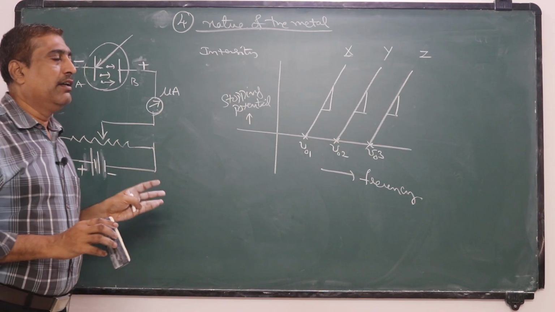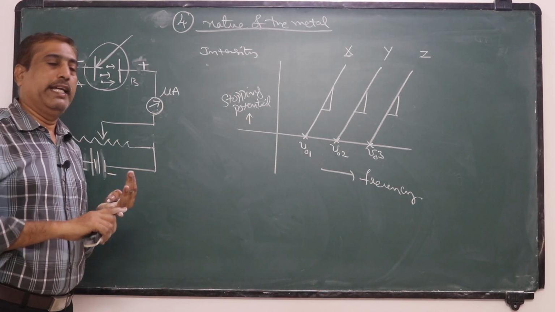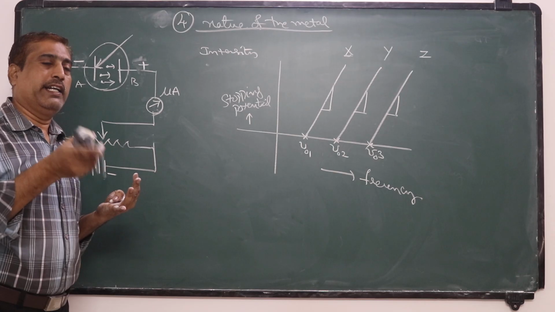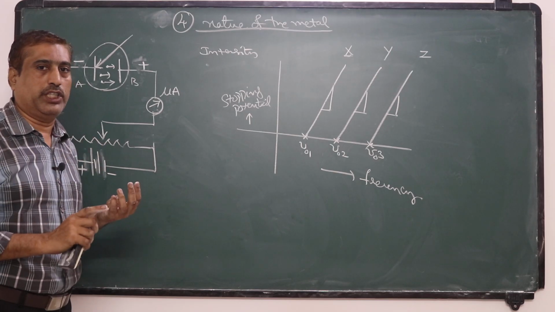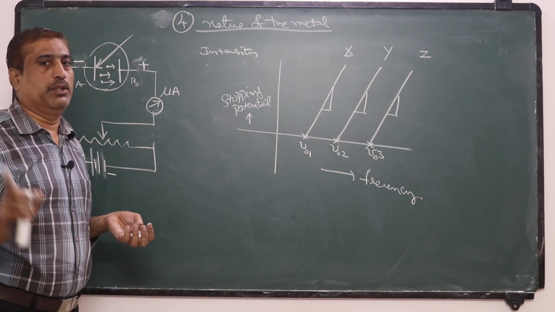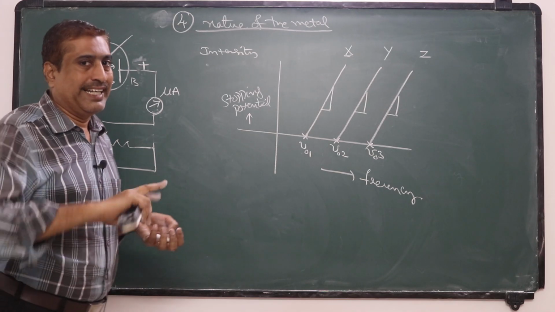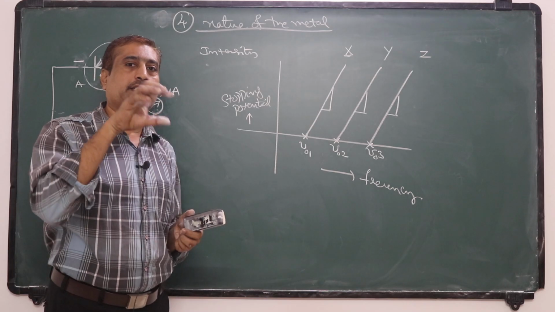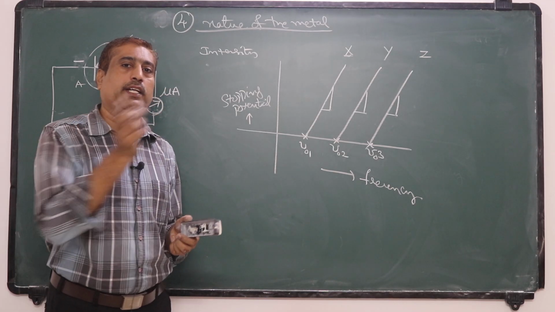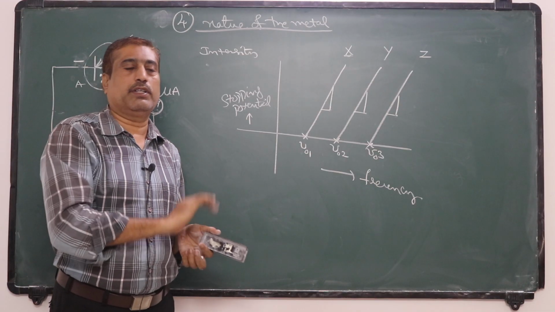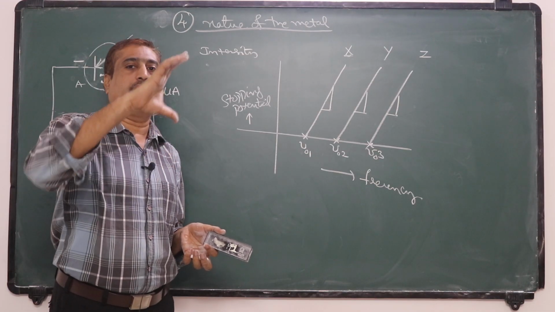The first one is, as the applied field increases and the negative potential is applied, at a particular negative potential called stopping potential, the photocurrent becomes zero. And when we increase the intensity of the incident radiation, the photocurrent increases but exhibits the same nature; only the strength of current increases.